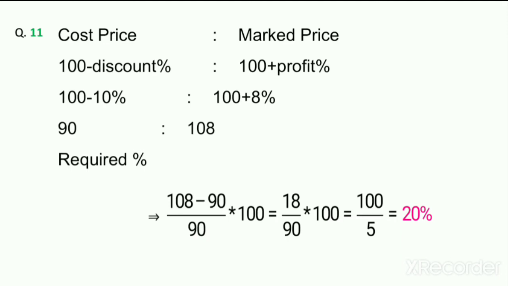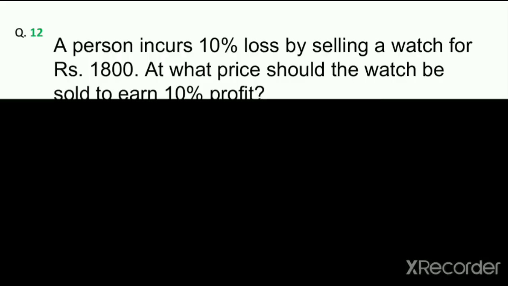Marked price for 8% increase to get profit means 100 plus 8, 108. So difference is 108 minus 90 is 18. So required percentage means 108 minus 90 by 90 into 100. We will get 20%.